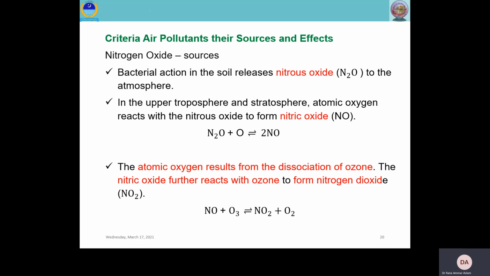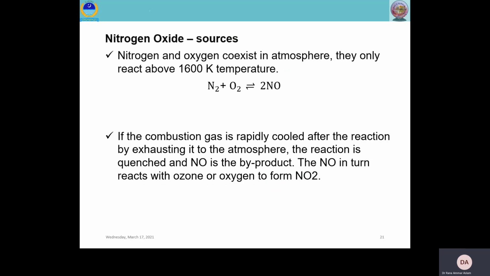The nitric oxide further reacts with ozone to form nitrogen dioxide, right? Nitrogen and oxygen are abundantly present in the atmosphere. They don't react at ambient conditions because they can only react when the temperature reaches around 1300 degrees Celsius or 1600 Kelvin. And then again, nitric oxide is formed.